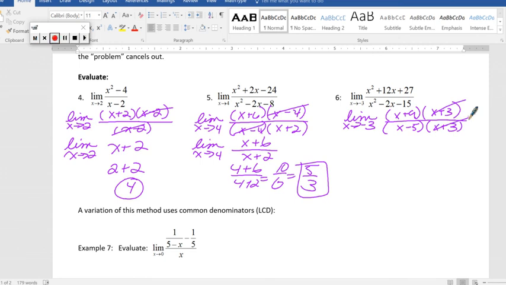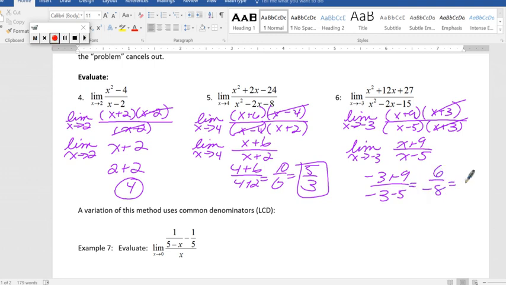These cancel here, keeping my limit notation until I get to my simplified expression. At this point that I'm ready to substitute in, we can drop our limit notation. We have -3 plus 9 over -3 minus 5, getting me 6 over -8, which reduces to -3 over 4.